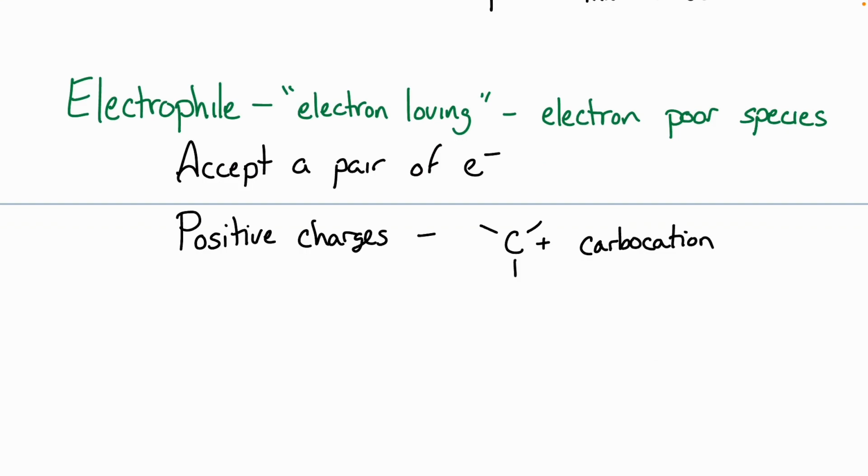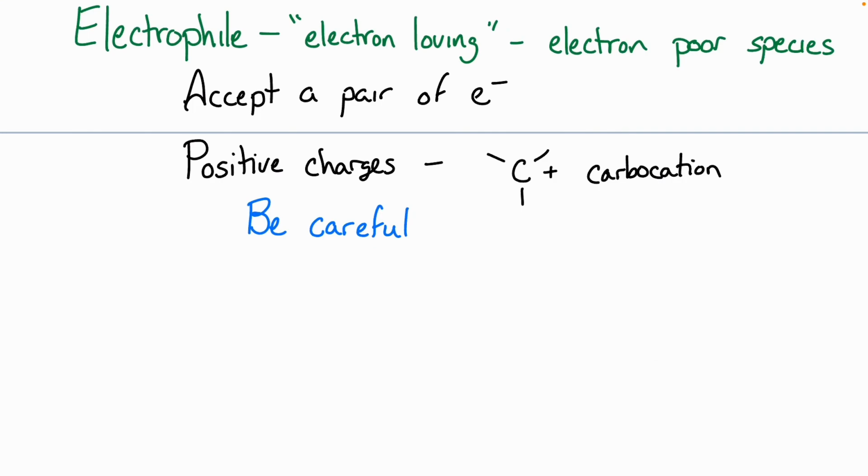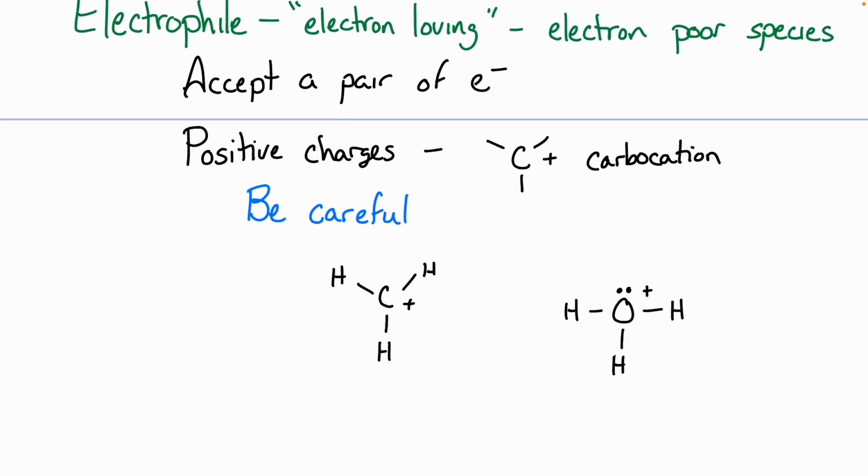All right, but we're going to say, be careful. Okay, just because it has a positive charge doesn't necessarily make it an electrophile. Let's look at two examples here. Our carbocation and a hydronium ion.